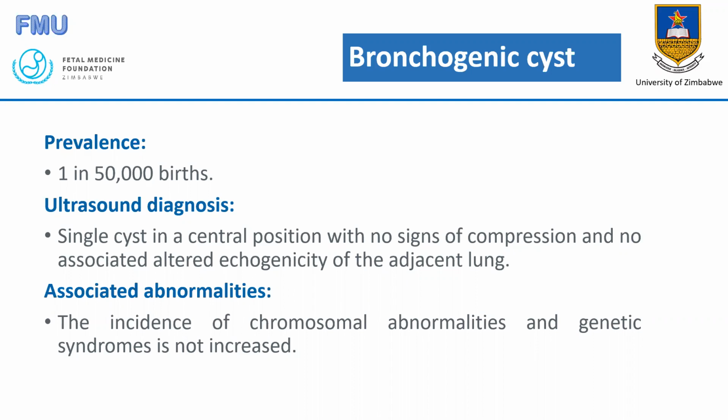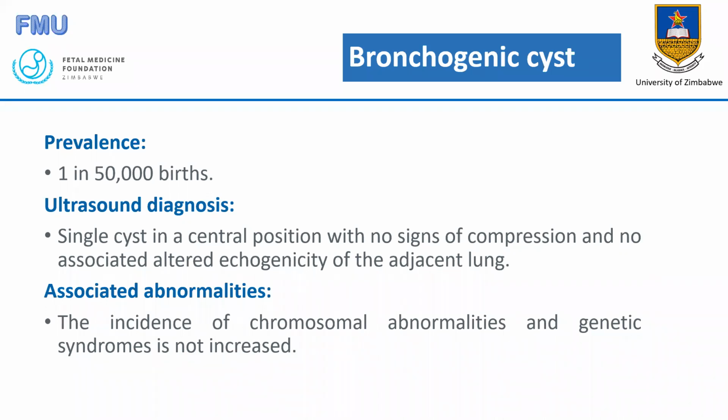Normally, what you see on ultrasound, you may see a cyst within the lung area, and there is no increased echogenicity around the cyst. So if you see cysts, which are normally singular cysts, those are bronchogenic cysts.